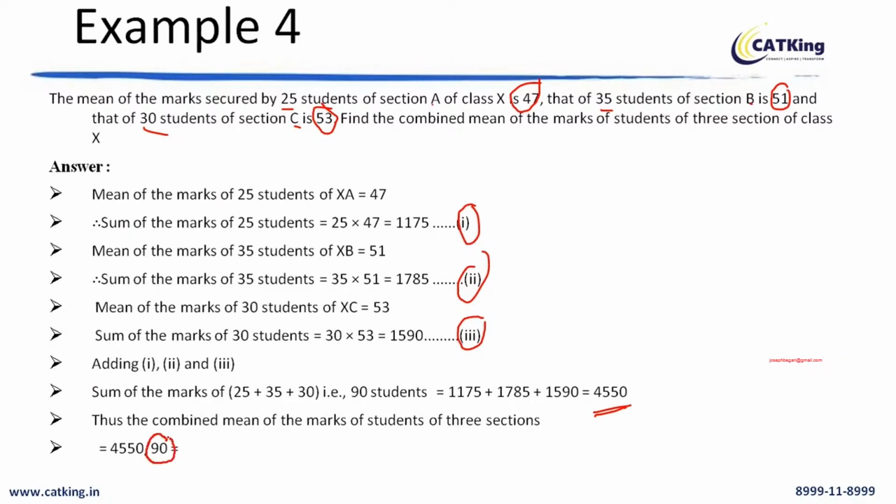This 90 is nothing but the total number of students. 25 of A, 35 of B, which is basically 60, and 30 of C, which is 90. So 4550 upon 90 is 50.56. So 50.56 is your final answer, the combined average of marks of students of 3 sections of class X.